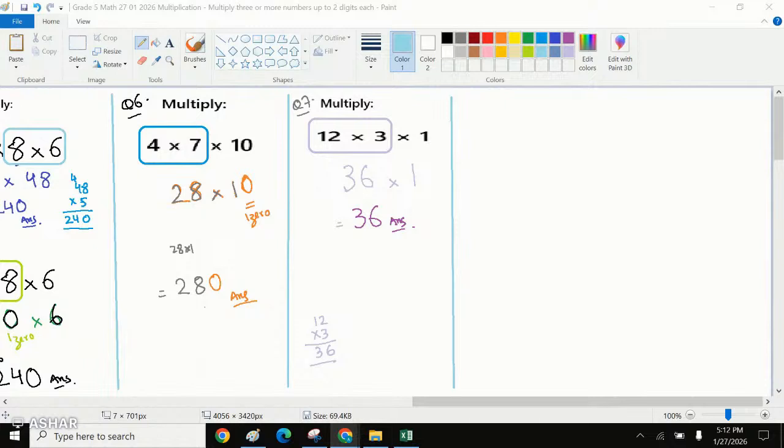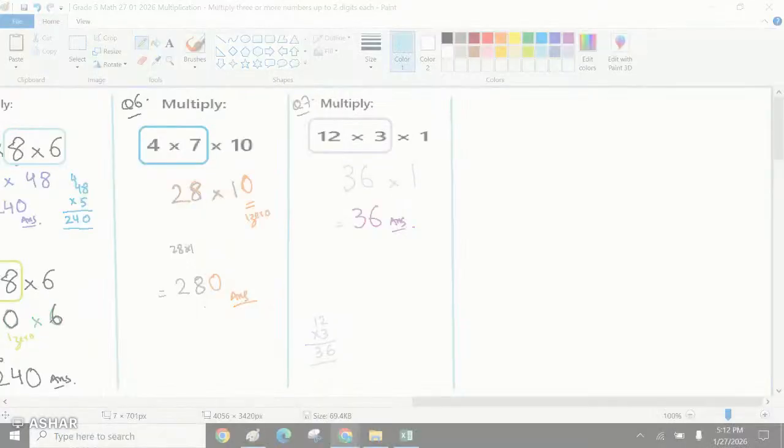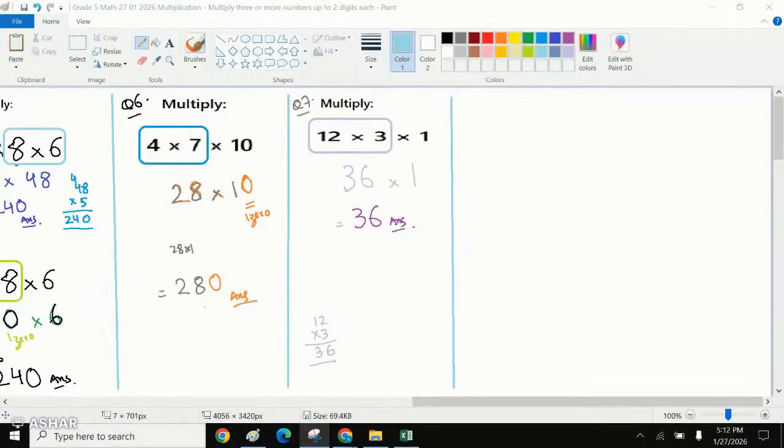Yes, 36. The next question says multiply 9 multiplied by 6 multiplied by 1. This is our question number 8.